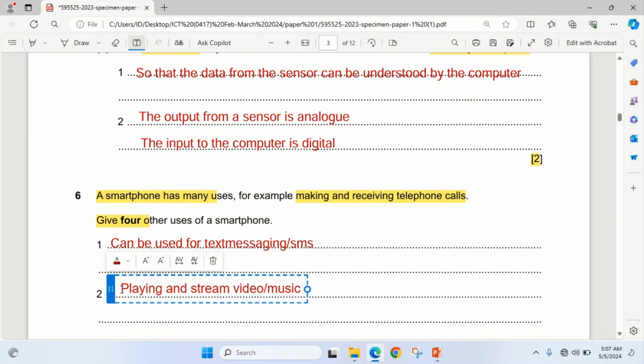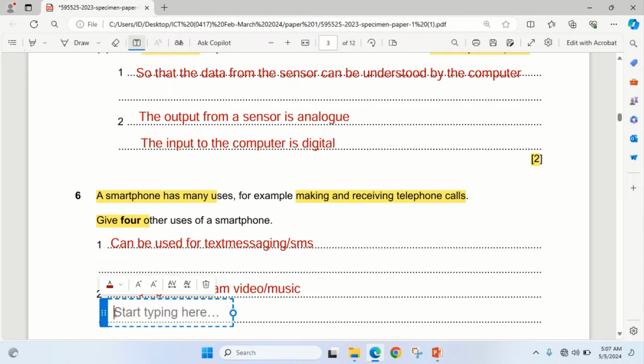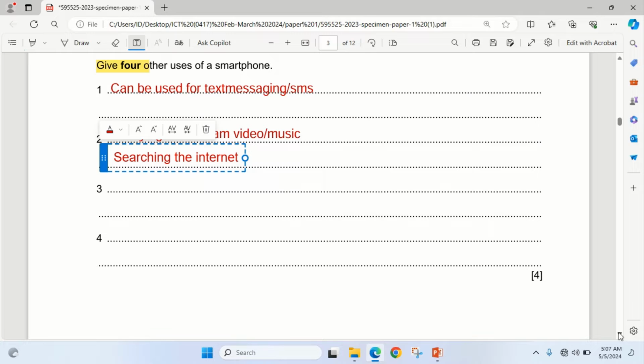There are so many options. It can be used for taking photos. It can be used for searching the internet. It can be used for playing games. It can be used for online banking. Social networking. You can pick any correct answer there.